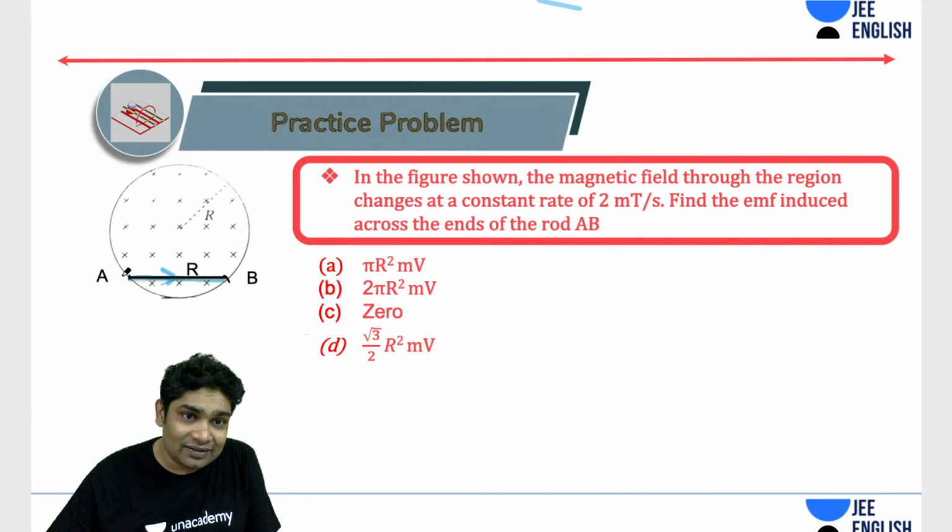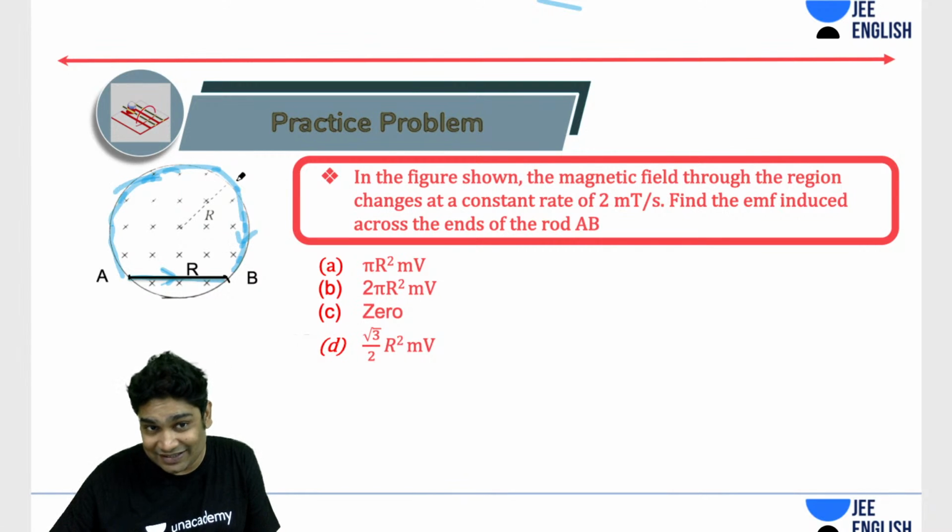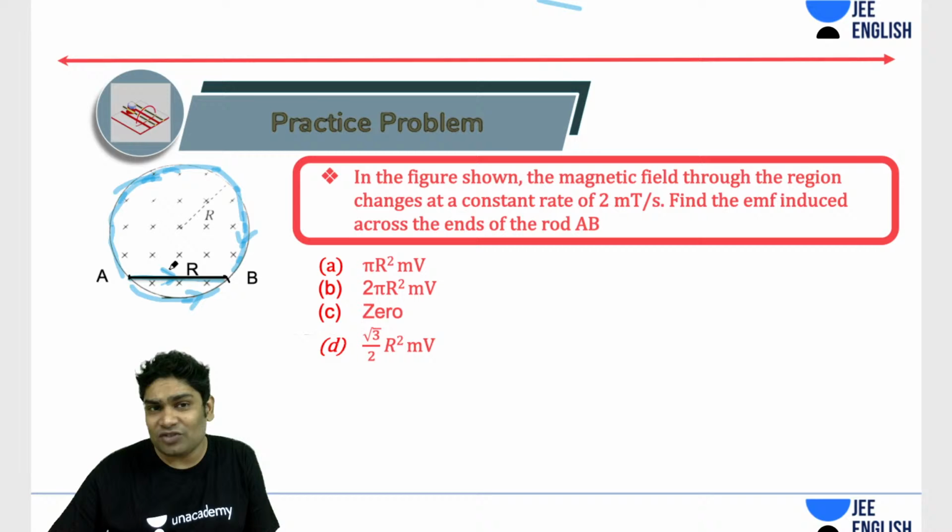Another, think of this: if I had such a loop, and I wanted to find the EMF between A and B across this, and third, I wanted to find EMF between A and B across this. So do you think the answers would be the same or would they be different?